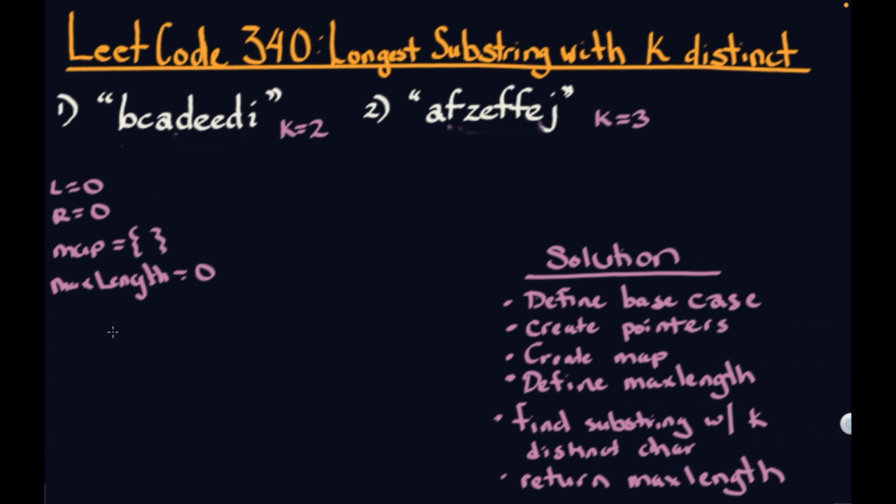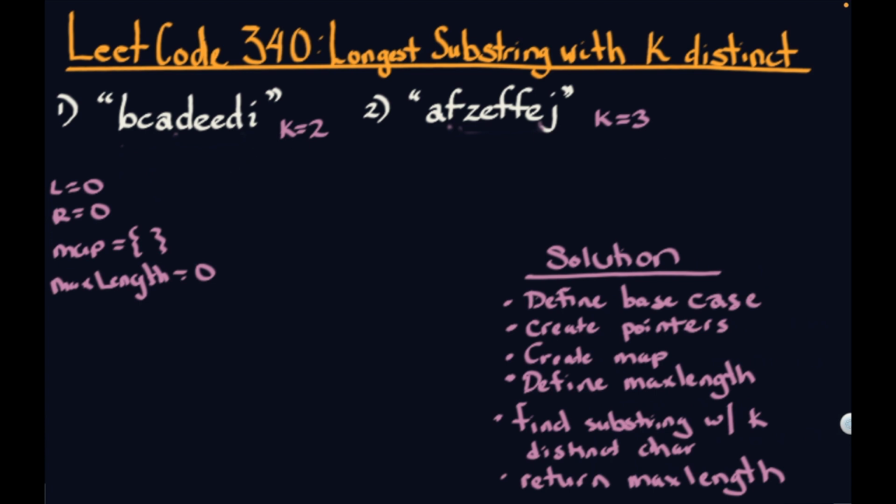We're going to check the max distance that we find for any substring that has k distinct characters. We want to find the length of that substring as we're iterating. So if it's greater than the max length, we're going to just update it. And then once we go beyond the bounds of the characters in the string, we're just going to return the maximum length, right?